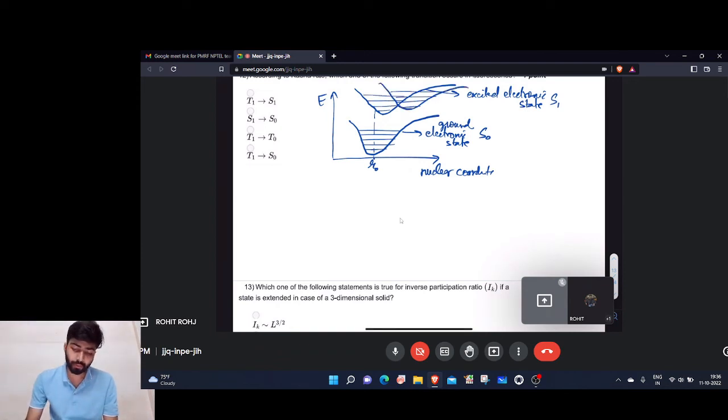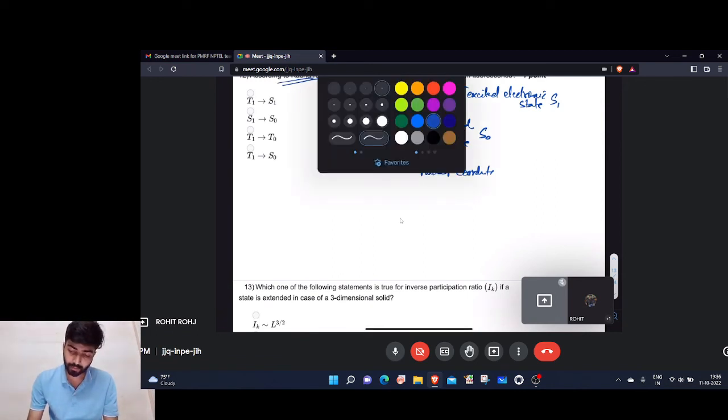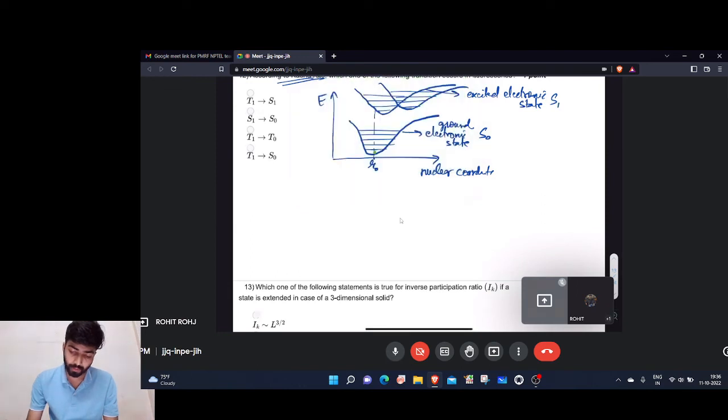Now Kasha's rule says that we can excite the system from the ground state to any other higher state available depending upon the initial energy, and the system can relax via processes called internal conversion or intersystem crossing, but the emission will occur from the lowest available electronic state in the system, which in this case is S1 to S0.